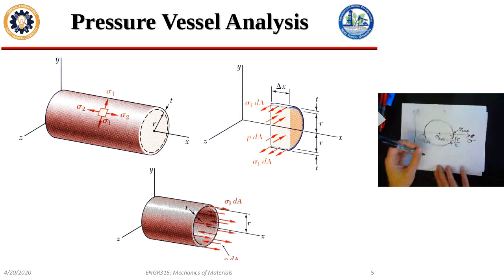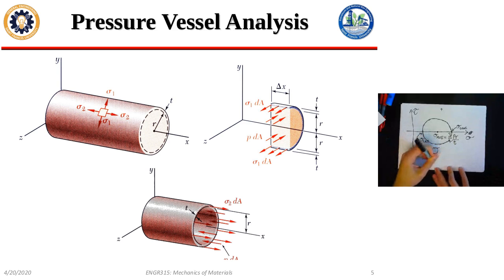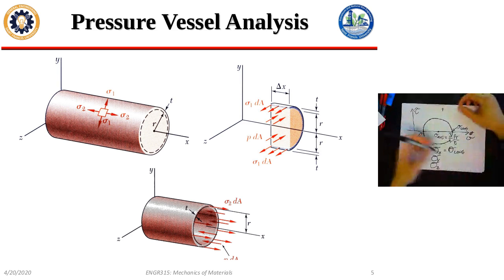So our sigma z must be 0. If I identified what sigma x is, what sigma y is, and we've said there's no force perpendicular to them, so sigma z is 0. Y'all following me?